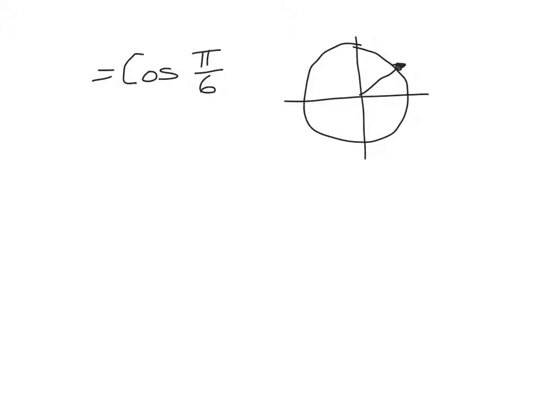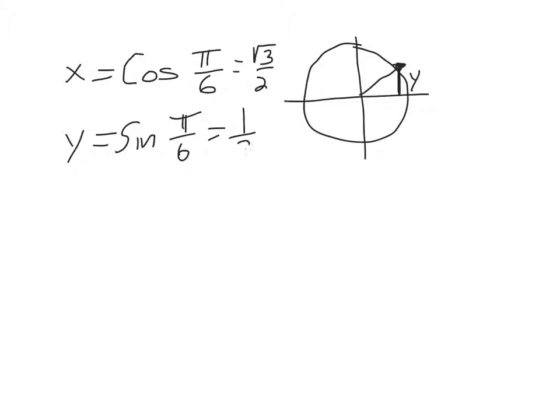And this, again, is your x-coordinate, which means the cosine of pi over 6 is the square root of 3 over 2. If we asked you what the sine of pi over 6 happens to be, that's going to be your vertical distance right there, y, and the sine of pi over 6 is 1/2.